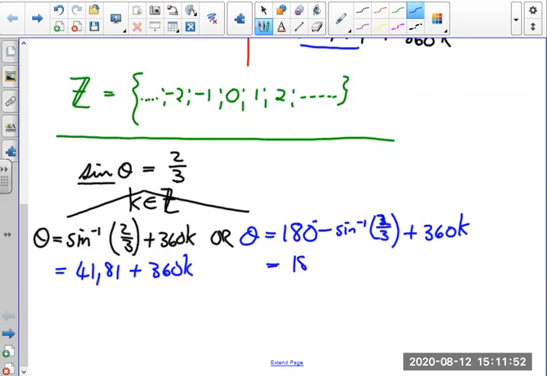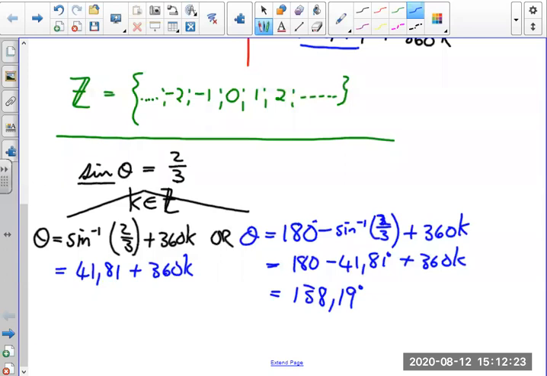And this one will give you 180 minus 41,81 plus 360k, which will still give you your 138,19. Now the difference is you don't have to find the reference angle first. And you don't have to look in which quadrants you have to work. For any sine sum, you can just do this.